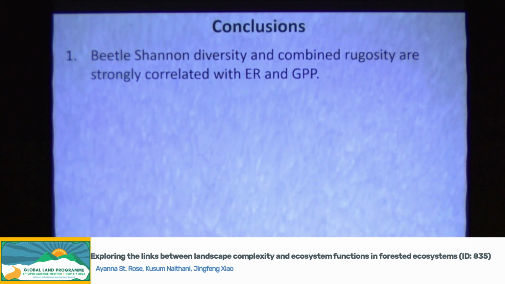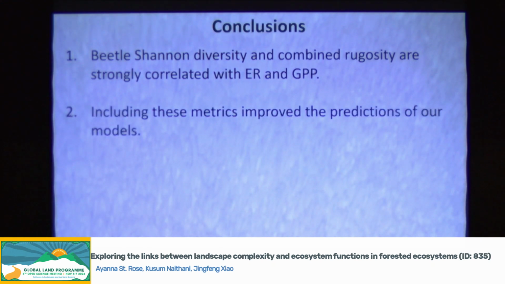And we think that it's because beetle-Shannon diversity has a lot to do with soil diversity, soil respiration, which is a large part of ecosystem respiration, and that is where some of the difficulty in predicting ecosystem respiration comes from. And then we saw that including these metrics improved the predictions of our models.